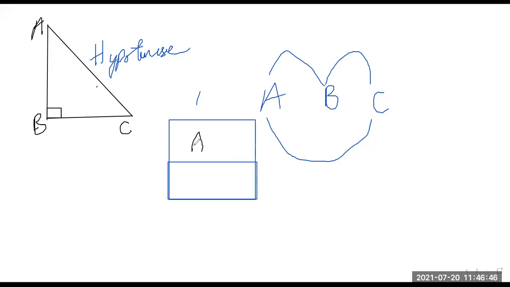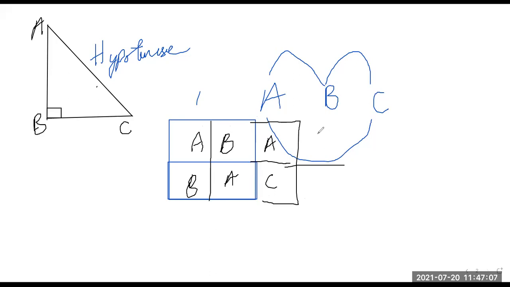We can have A here and B here. That's one combination. And then we can have B here and A here. That is another combination. And if we continue to write that, just like we did in the probability, we can have A here and then C here, and then C here and then A here.